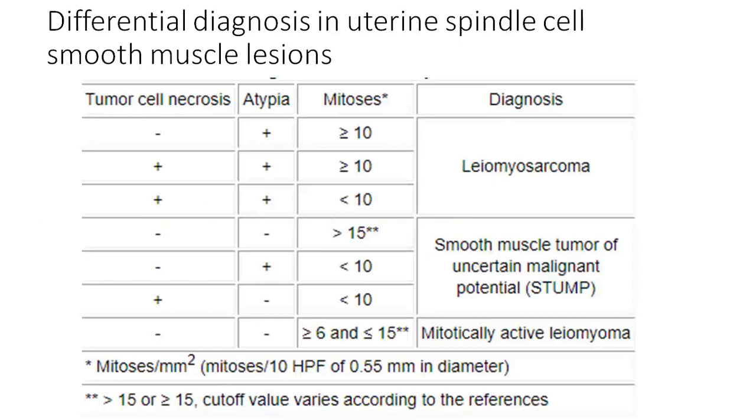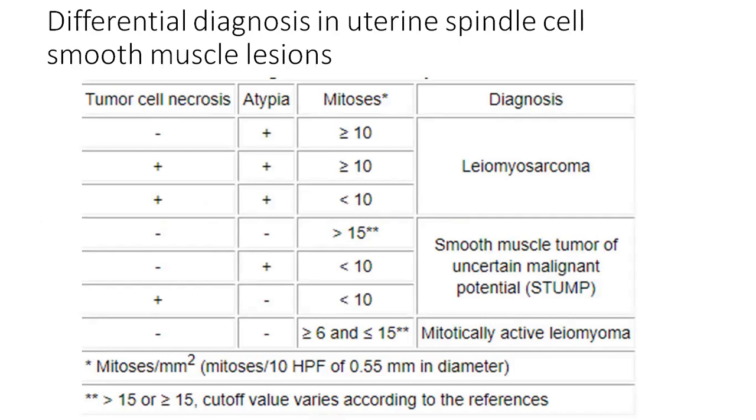So what are those morphological features which will help us differentiate the tumor from leiomyoma and label it as a STUMP or as a leiomyosarcoma?